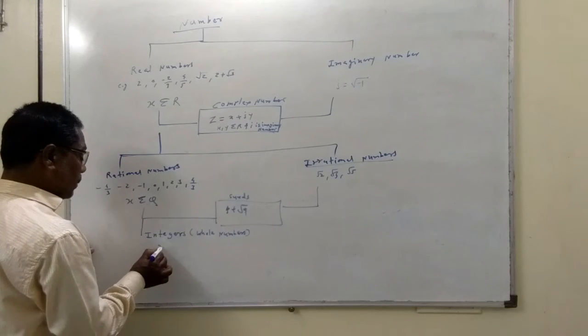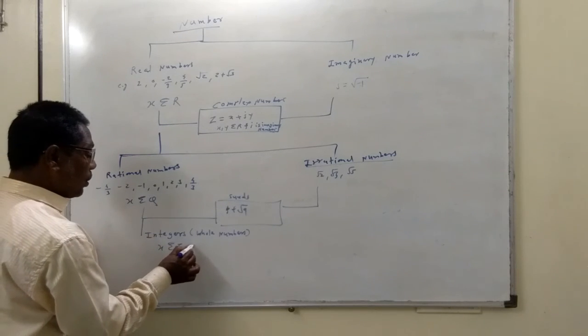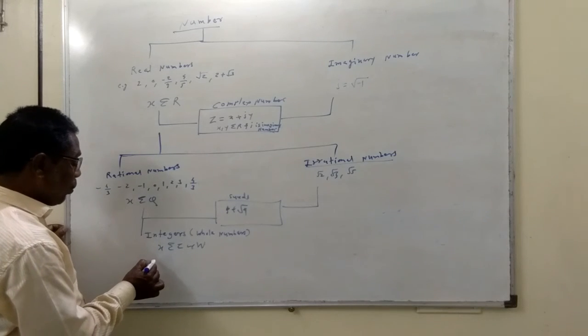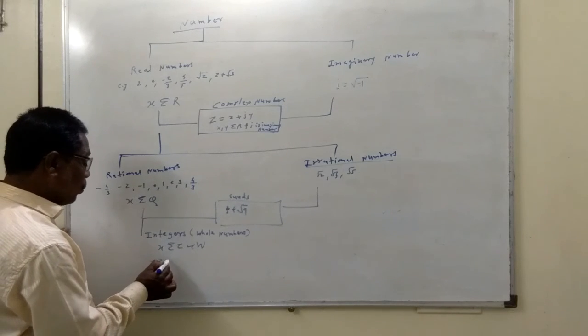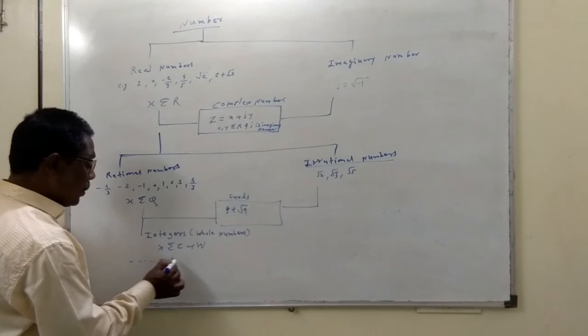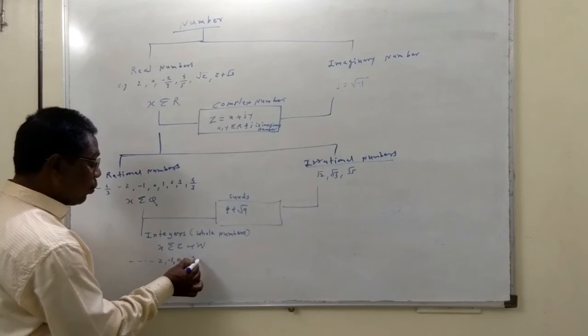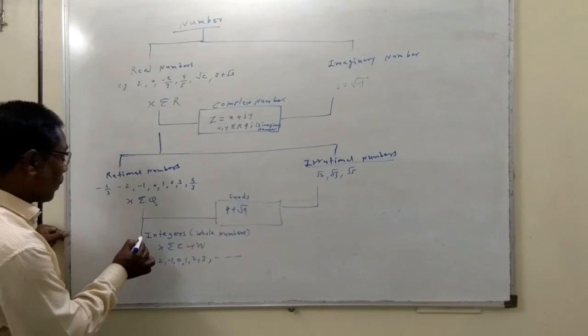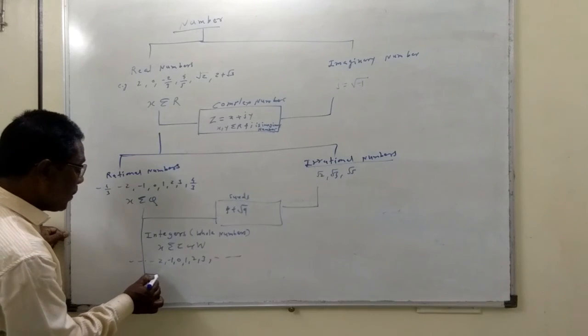So x belongs to Z or W, the integers or whole numbers. Which are the whole numbers? Minus 2, minus 1, 0, 1, 2, 3, etc. These are the integers.